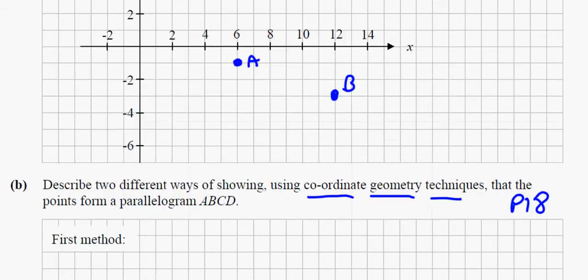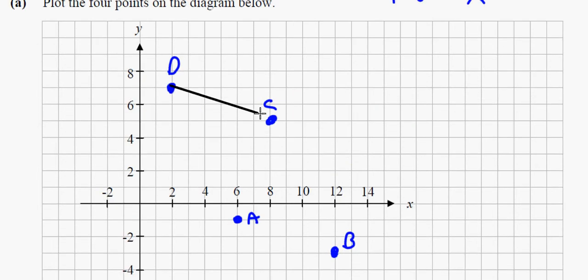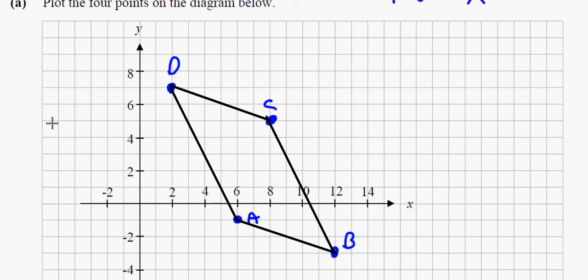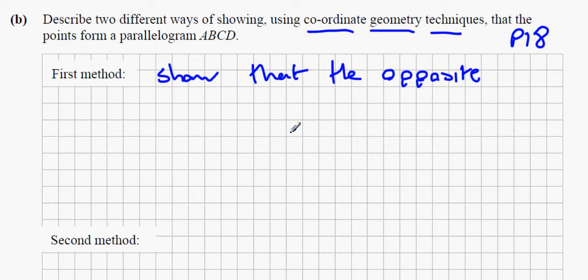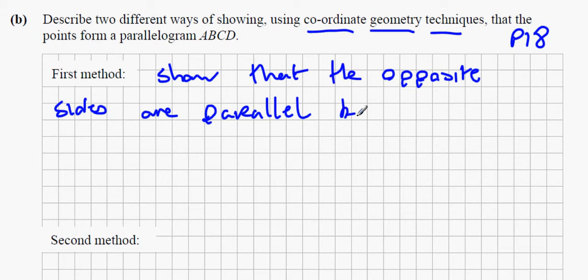So if I was to join these up, we can see that this sort of is a parallelogram. So the first method: show that the opposite sides are parallel by showing the slopes of opposite lines are equal.